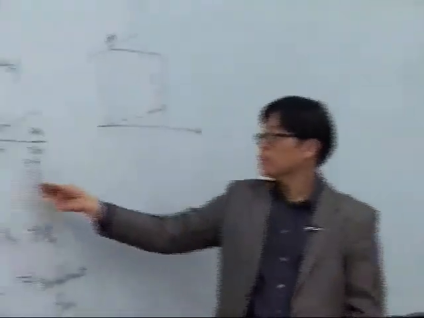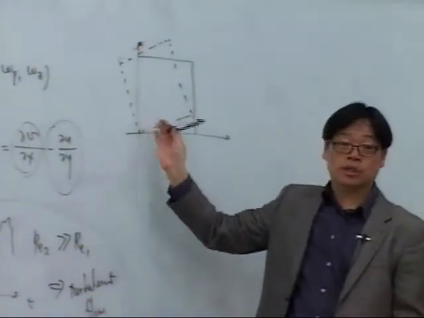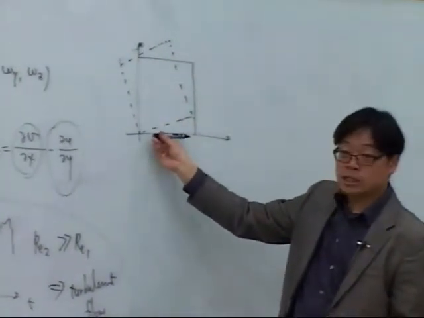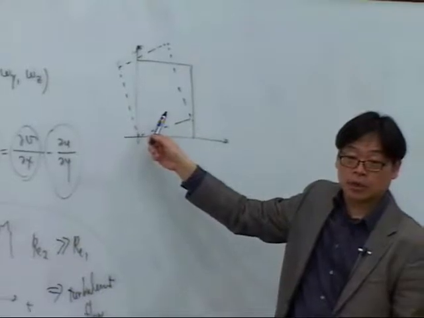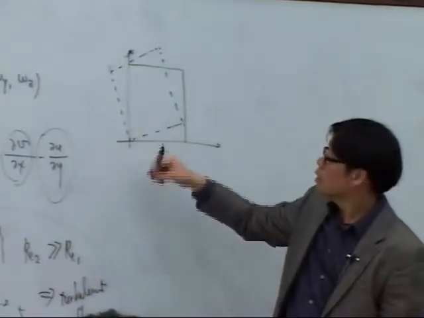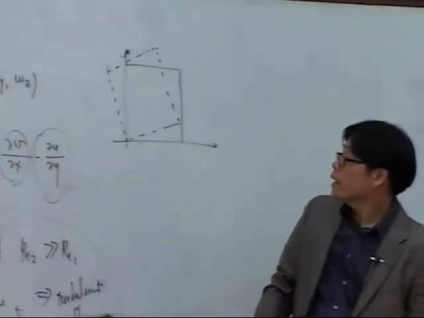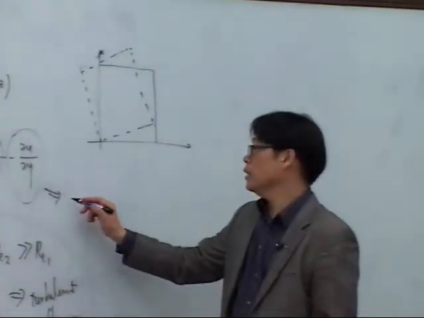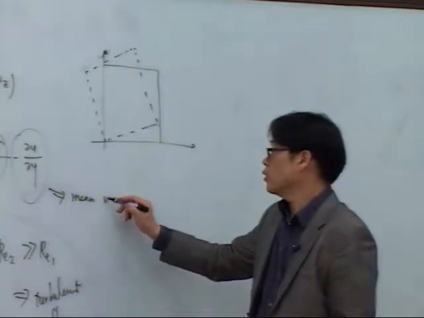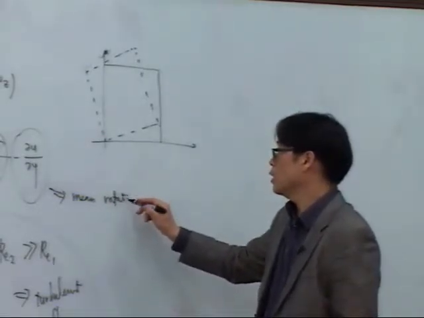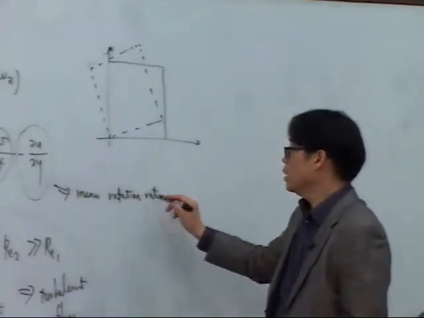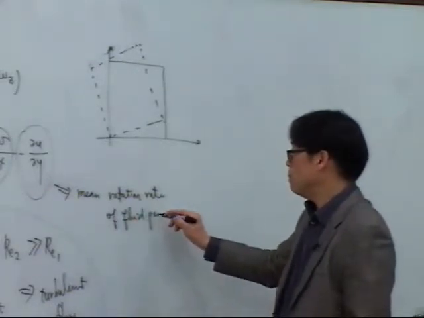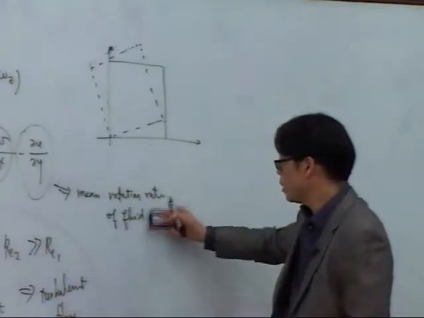So if this is positive, then you see the whole rotation. When I say positive, the line is rotating in the counterclockwise direction. So this is a mean rotation rate of fluid elements.